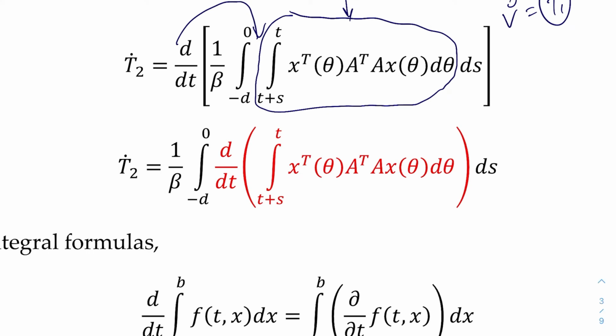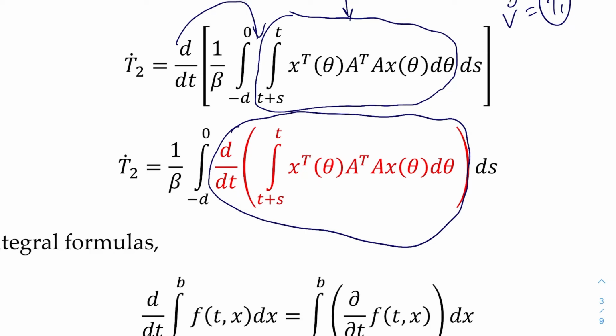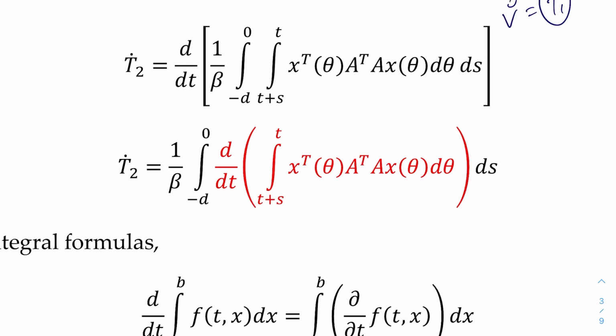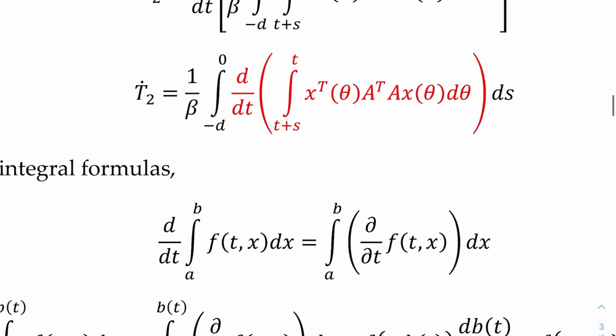And as soon as you have that type of expression, your brain should go, hey, Leibniz integral formula. It should be a really awkward, annoying alarm that goes off immediately when you see that.